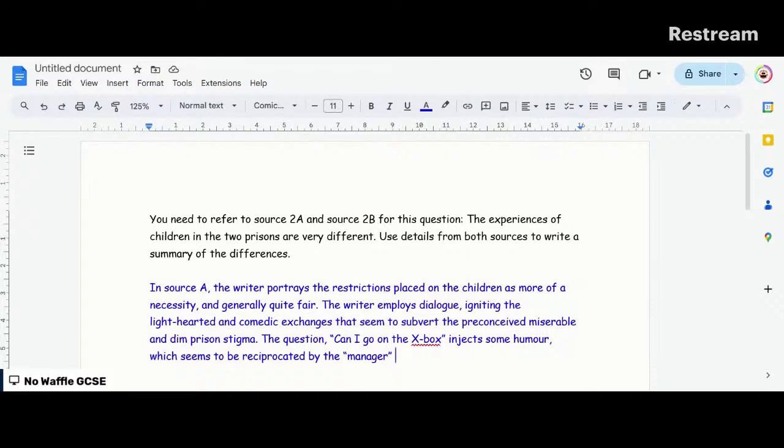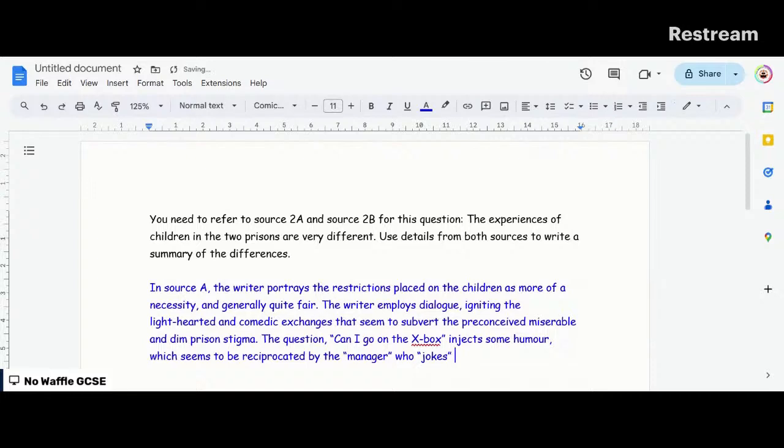So be reciprocated by the manager, who literally jokes as well, and that's said in the extract. So if a prison warden is joking, then there's a sense of not being as horrible and miserable as you might think a prison would be.